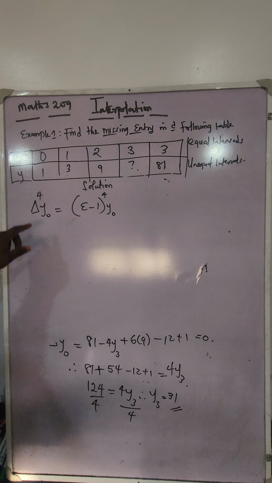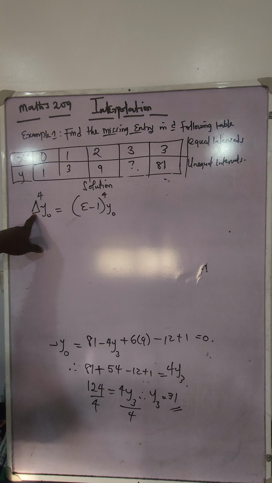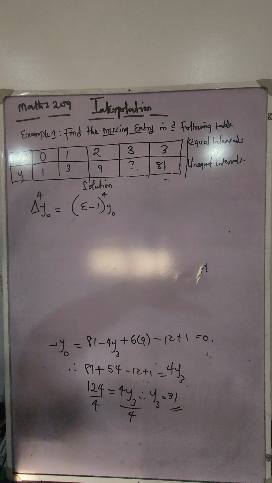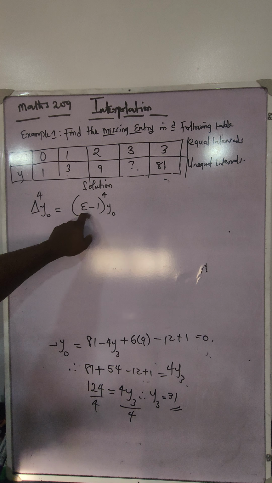I told you that this can be interpreted as E minus 1. I told you in the previous video. If you don't understand what this expression is, you can refer to one of the videos where I even explained it today. I said the difference operator is equal to E minus 1.